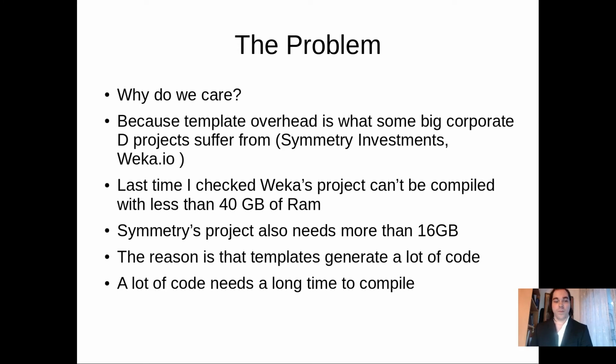So all of that code, of course, needs time to be compiled. The compilation performance of DMD is mainly dependent on how much code you feed in. And that is not only the source code that you feed in, that is also the code that is generated while you are compiling the program.